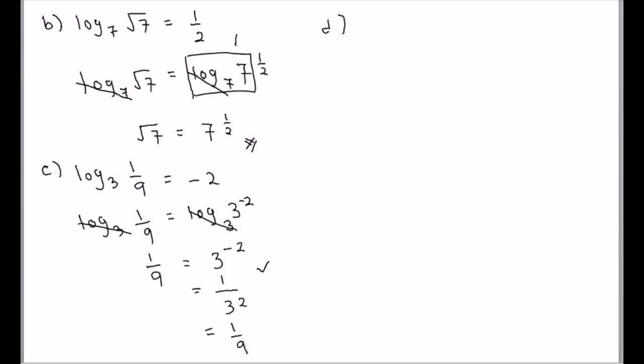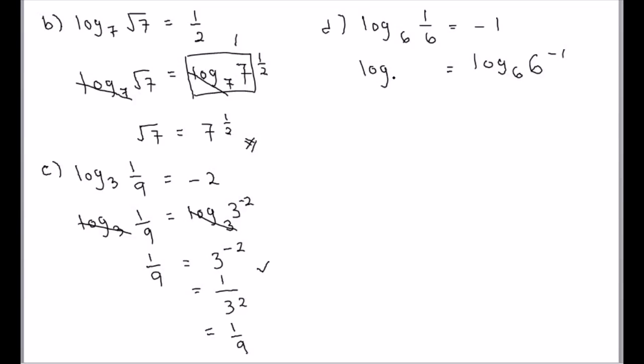D. Now we have log to the base of 6 of 1 over 6 equals negative 1. So let's change negative 1 into log statement first: log base 6 of 6 to the power negative 1.